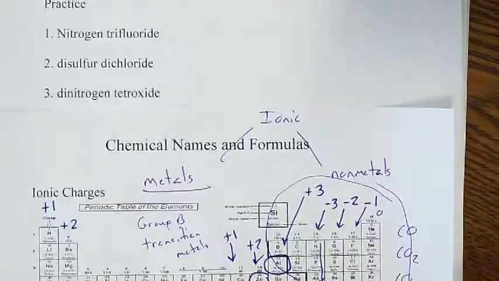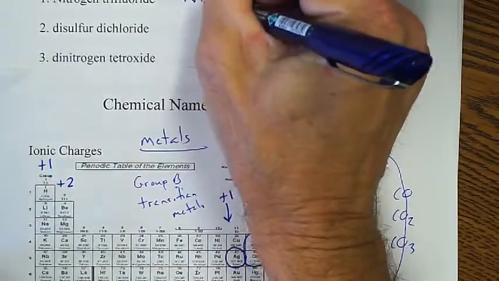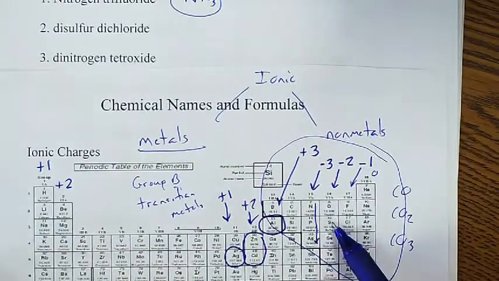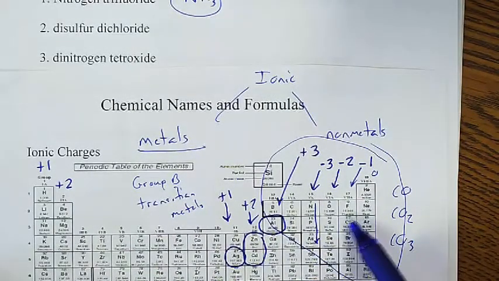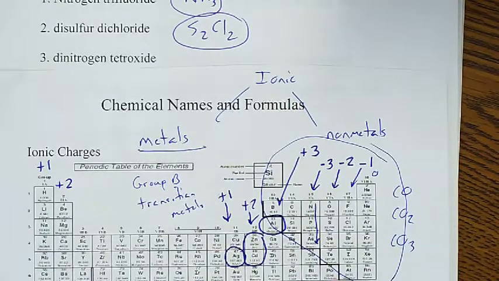More practice. Nitrogen trifluoride. There's nitrogen, there's fluorine, so it's two nonmetals, NF3, all you have to do. Disulfur dichloride, there's sulfur, there's chlorine, S2Cl2. You do not have to simplify molecular compounds. They can actually exist as multiples of each other, and they have different characteristics.